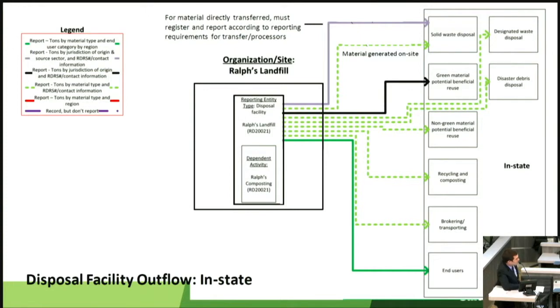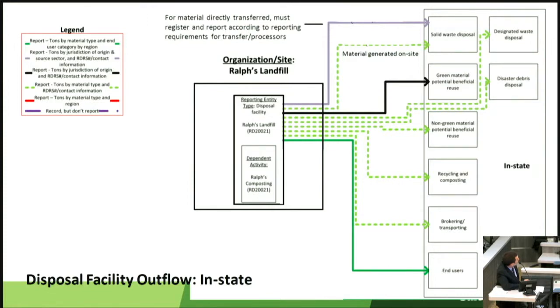This may be relevant for transformation facilities, for instance, that generate ash as a part of their operations, and that ash is then sent on to another solid waste disposal facility. You would assign those tonnages and provide the material type. Actually, you would just say the material type is solid waste for that.